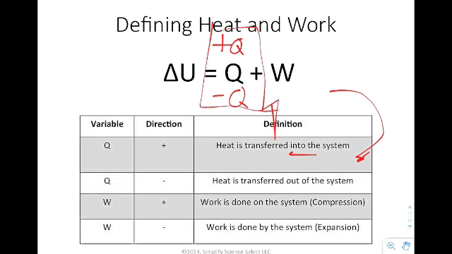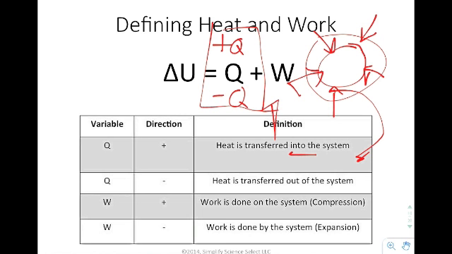But think about it this way. If you take a balloon and you squeeze that balloon down, what you've done is you've added energy to the system. The reason why you've added energy to the system is that if you were suddenly to remove your hands, that balloon would expand back out real quick. So by pushing on the balloon, you've increased the elastic energy of the system. You've added energy to the system by compressing it.